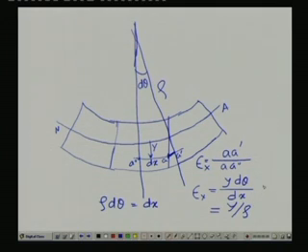Now, epsilon x we found out to be equal to y by rho.